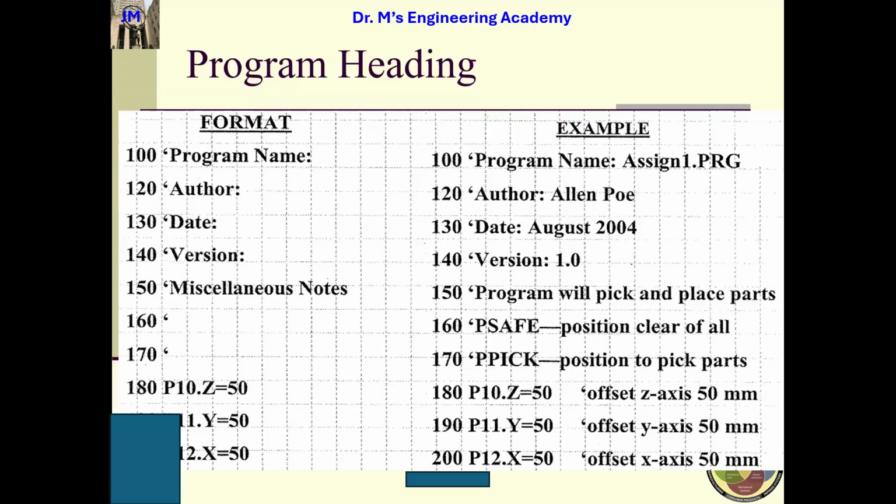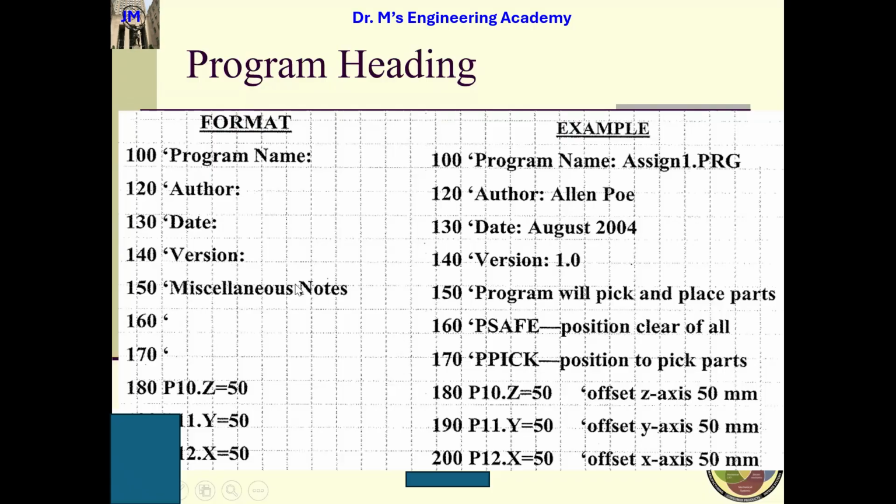So for the program heading, I use several comments here. You can write the program name, for example assign one PRT. You can denote the author who wrote this part, the date when this part was written, and the version, whether it is version 1 or you have revised several versions.